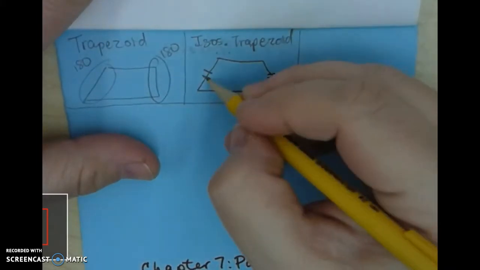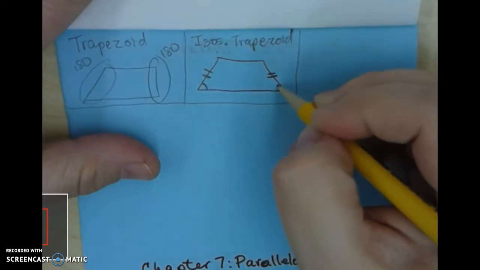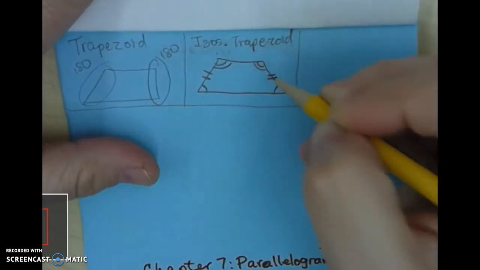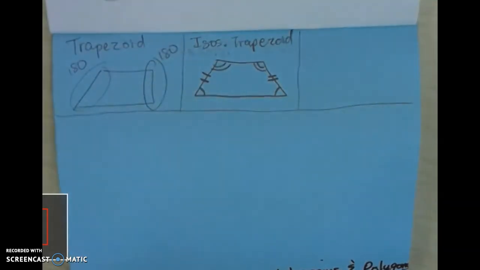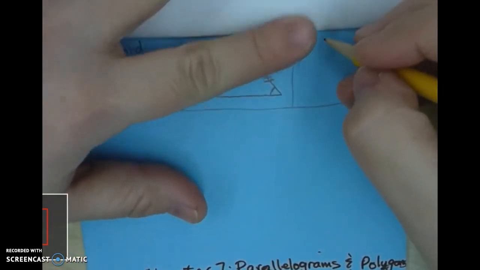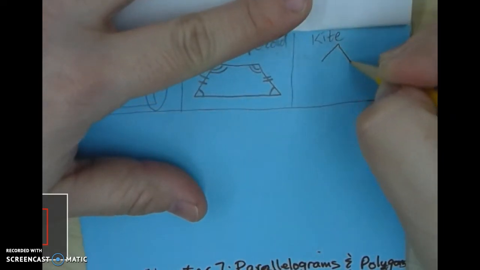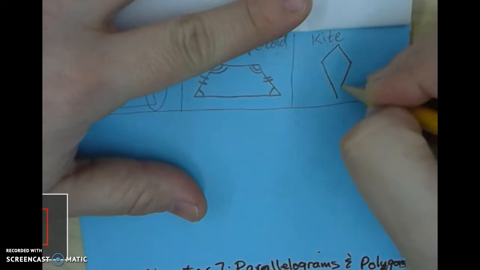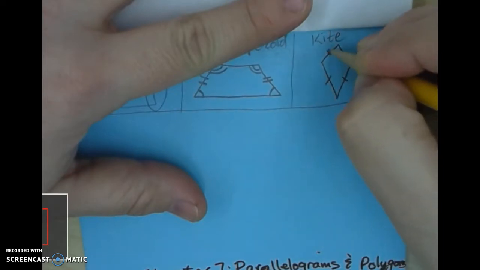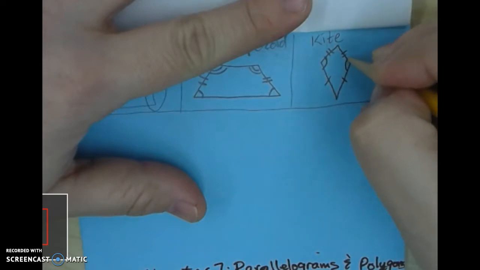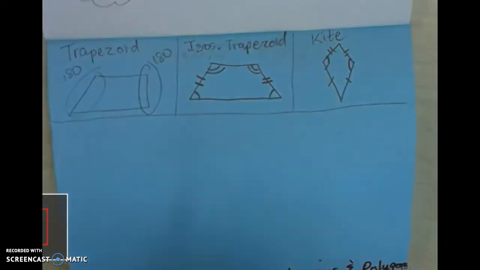And if you have equal legs, you have equal angles, so this angle is equal to this angle, and this obtuse angle is equal to this obtuse angle. And then the last shape we have with 4 sides is a kite. Remember, with a kite, the sides next to each other are congruent, but then there's one set of opposite angles that is also congruent. And so that's a kite.